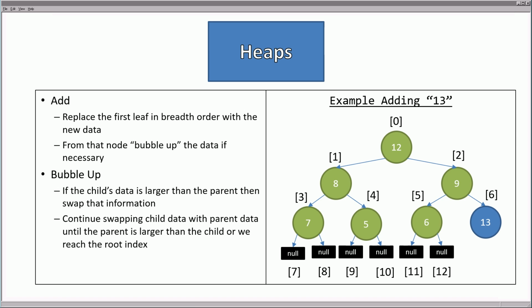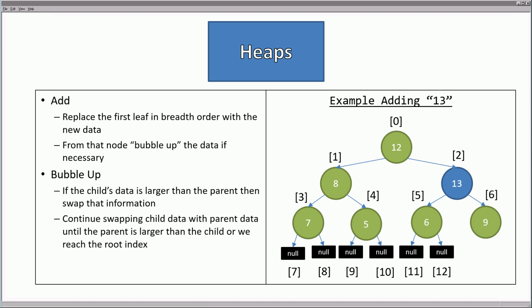If we remember how to access the parent, we subtract 1 from that index and then divide it by 2. 6 minus 1 is 5. Divided by 2 is 2, which is why we look at this value. Now 13 is greater than 9. This does not preserve the heap property, so we must swap those values.